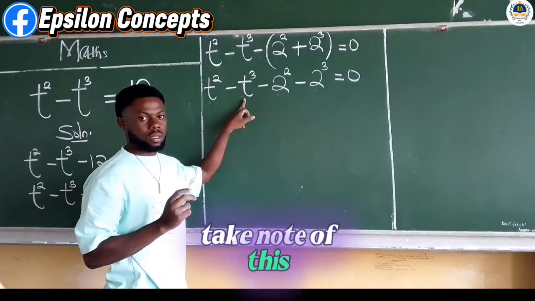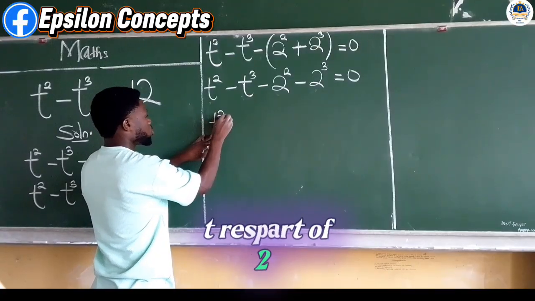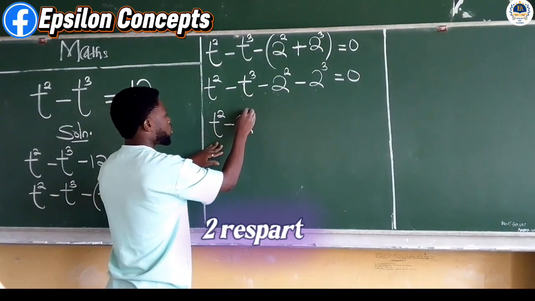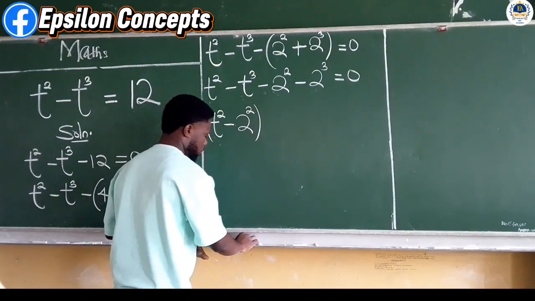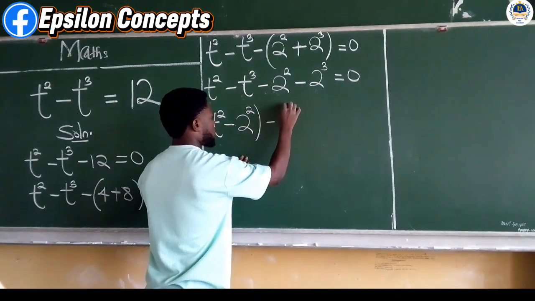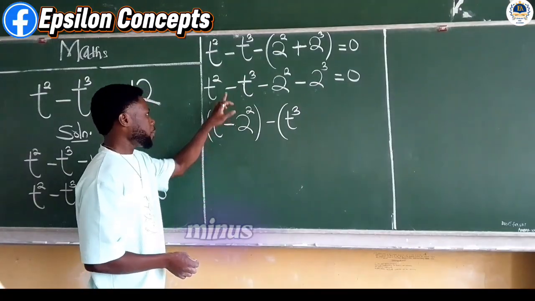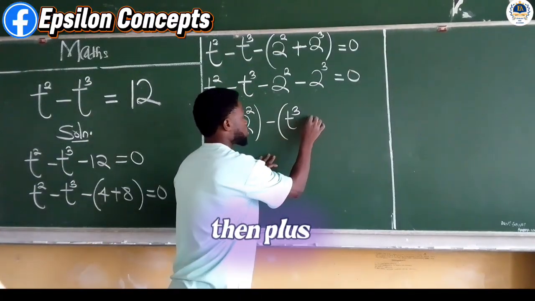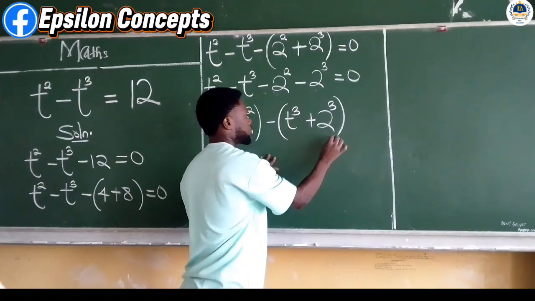Take note of this. We are going to obtain t raised to the power of 2 minus 2 raised to the power of 2, then minus t raised to the power of 3 plus 2 raised to the power of 3.